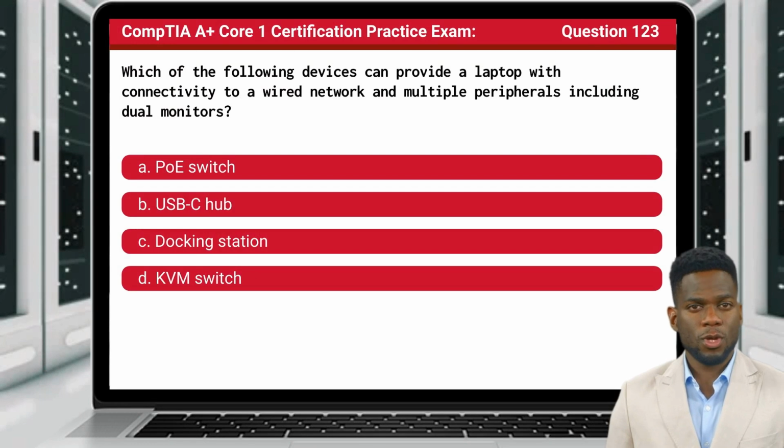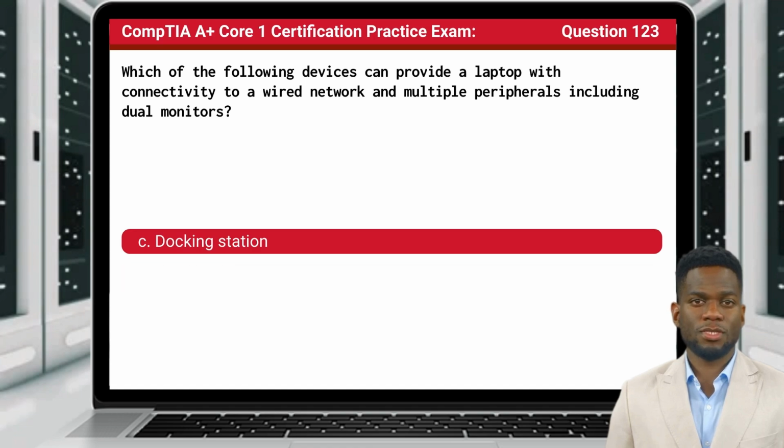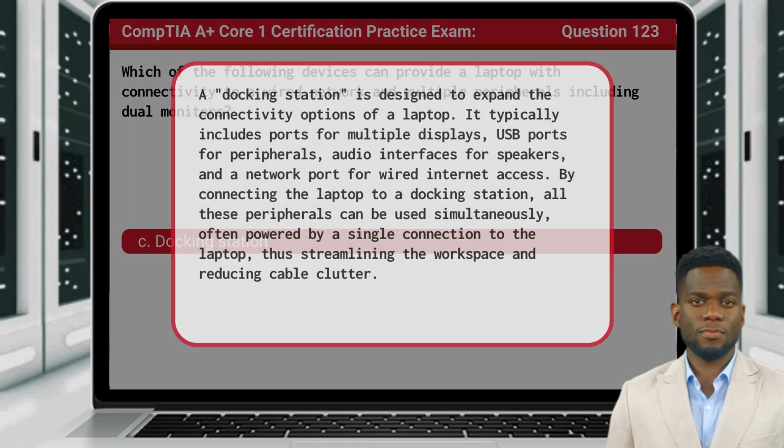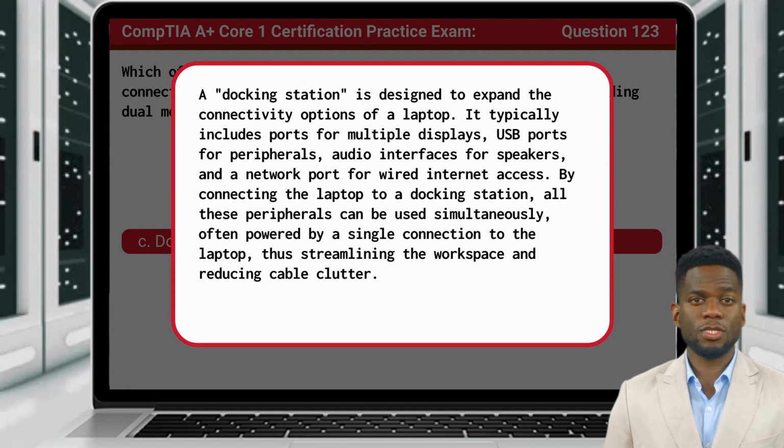Question 123. Which of the following devices can provide a laptop with connectivity to a wired network and multiple peripherals, including dual monitors? The answer is C, docking station. A docking station is designed to expand the connectivity options of a laptop.